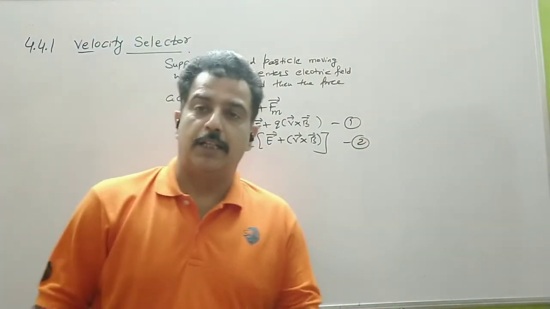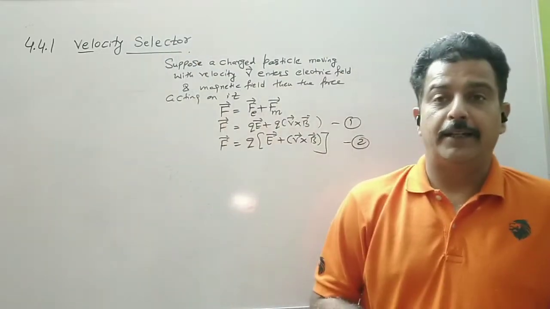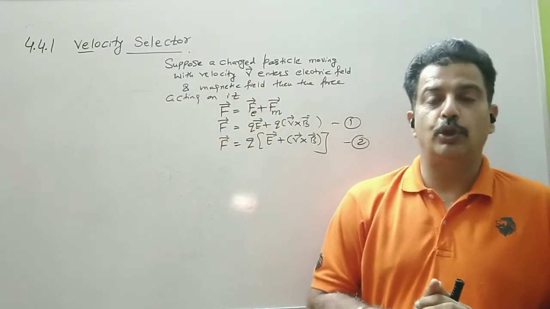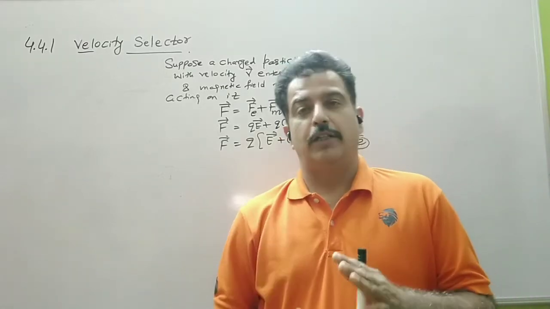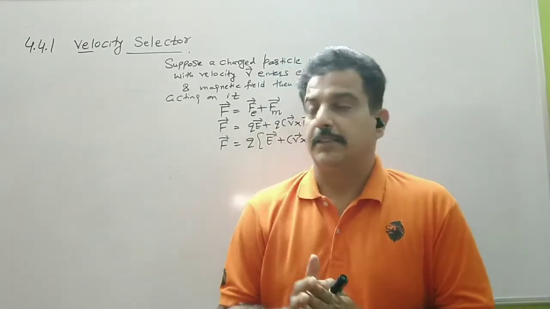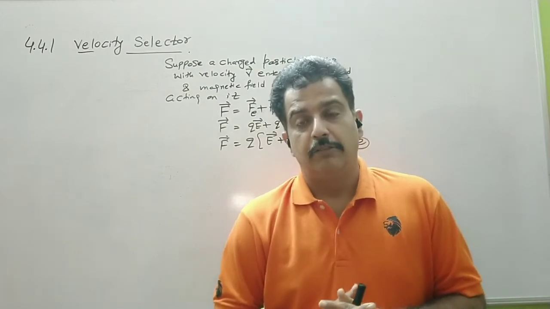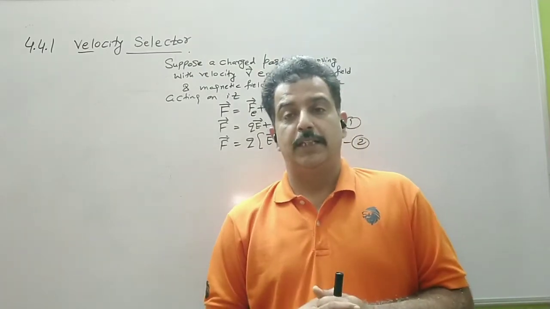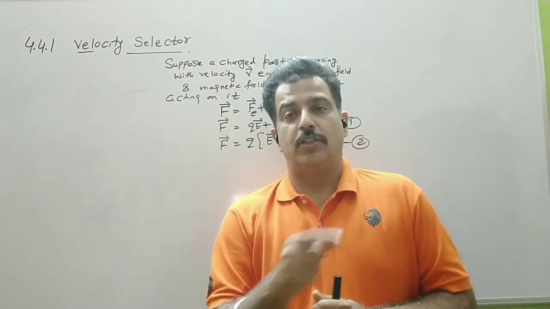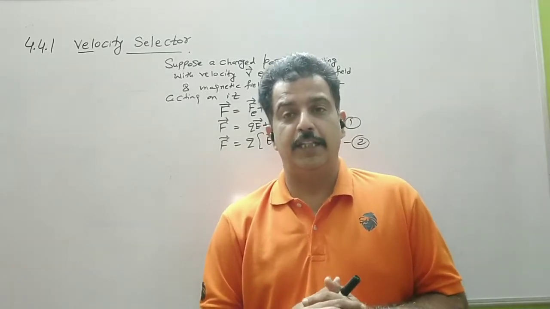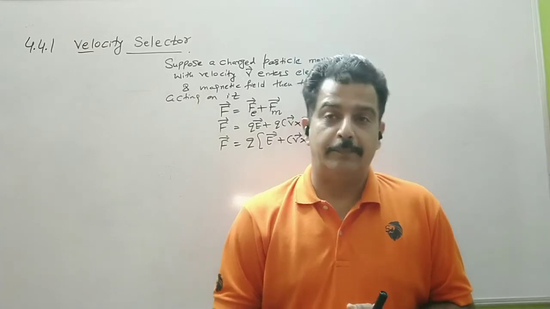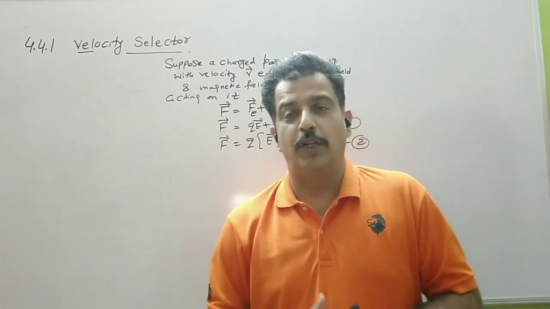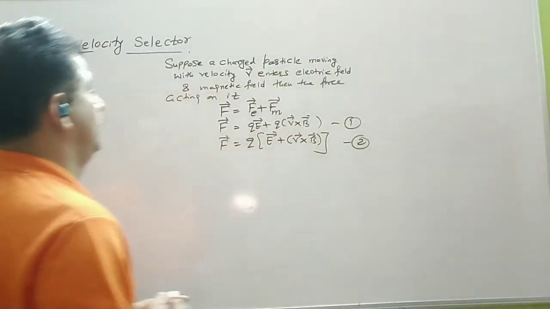Now we will consider a situation where the electric and the magnetic field are perpendicular to each other. So for understanding this velocity selector, we assume that electric and magnetic field are perpendicular to each other and the direction of the motion of the particle is perpendicular to them. It means all three are perpendicular to each other.